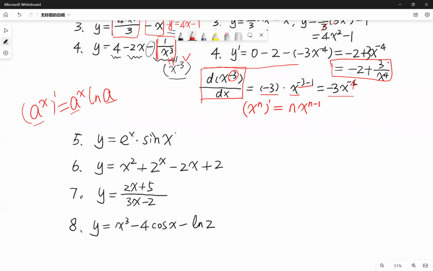Which one? Here is the times. No. A to the power of x times log a. Yeah, this one.